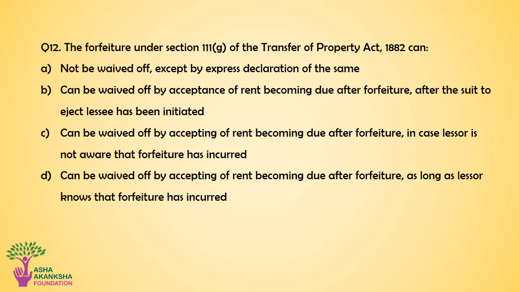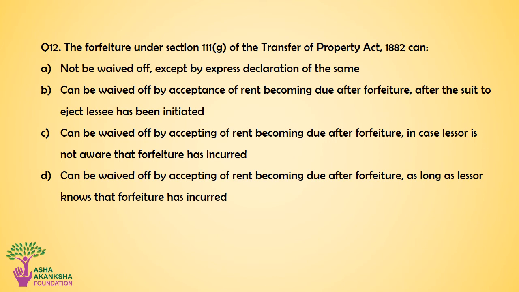Question number 12. The forfeiture under Section 111G of the Transfer of Property Act 1882 can, option A, not be waived off except by express declaration of the same. Option B, can be waived off by acceptance of rent becoming due after forfeiture after the suit to eject lessee has been initiated. Option C, can be waived off by accepting of rent becoming due after forfeiture in case lessor is not aware that forfeiture has incurred.